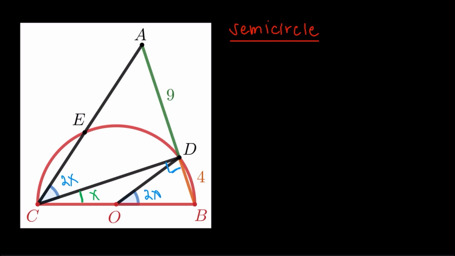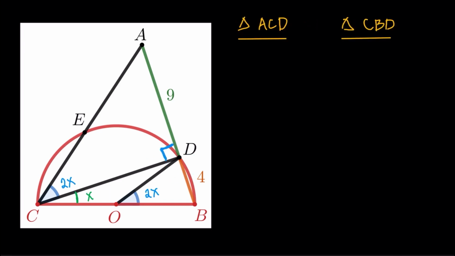Now, we do have two right triangles in effect because we do have a right angle here at point D. So that's going to be our next target. Our two triangles of concern are triangle ACD and triangle CBD.